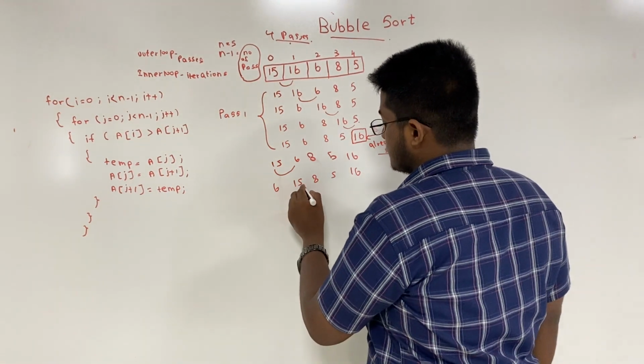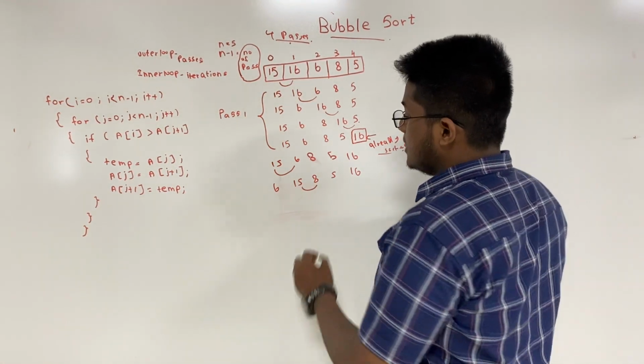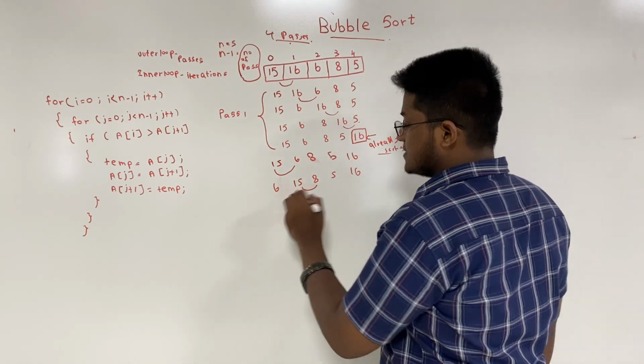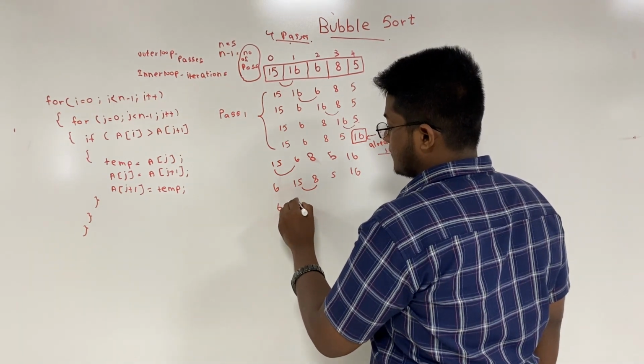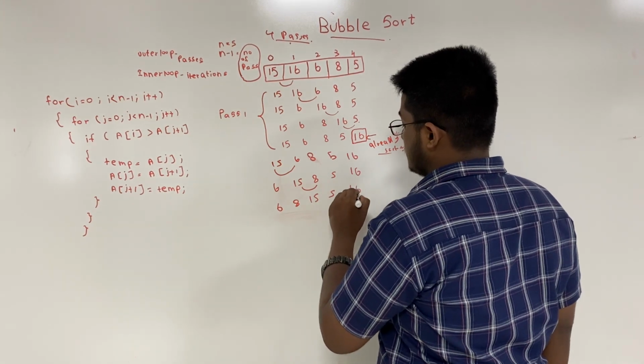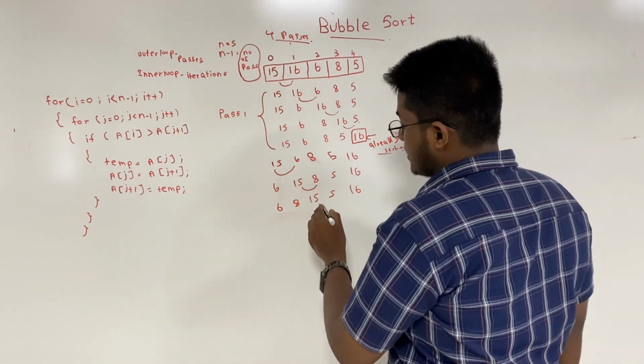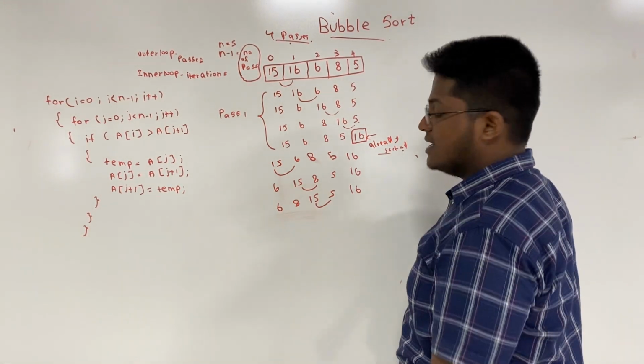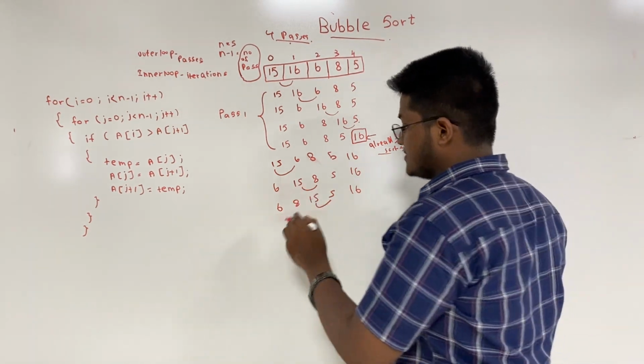Then we are checking 15 and 8. Is 15 greater than 8? Yes. Then we set 6, 8, 15, 5. Next we are checking 15 and 5. Is 15 greater than 5? Yes.